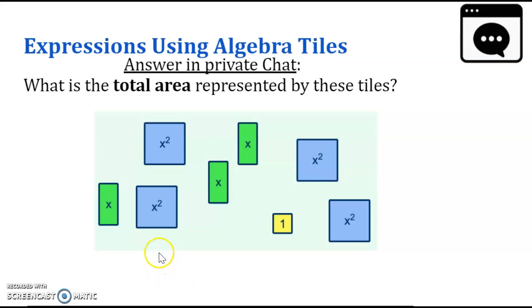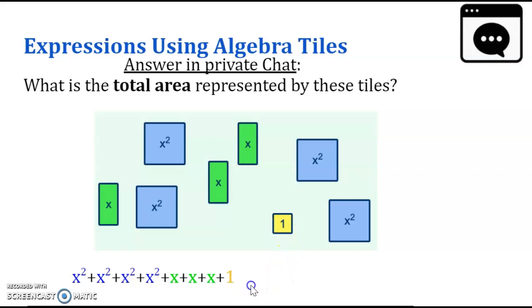Okay, for x squared, you would use x caret 2 to represent that. So what do we have? We have 4 of the x squared, that's the blue x squareds. And then we have 3 x's, 1, 2, 3, and then just one 1.